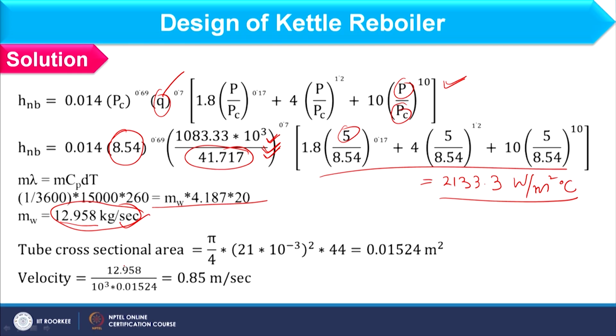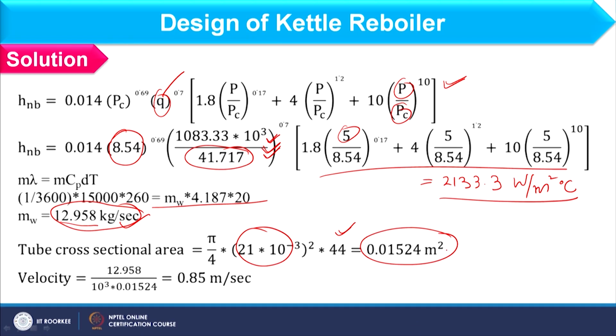And how can you find the tube cross sectional area? You already know the internal diameter of the tube, and pi by 4 into di square is the cross sectional area of one tube, multiplied by the number of tubes, which you already know. So, area per pass is 0.01524 meter square.